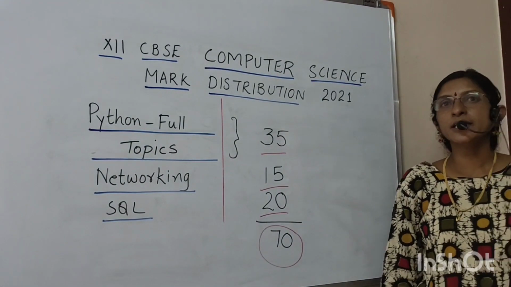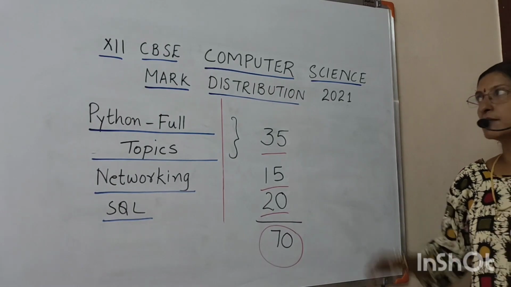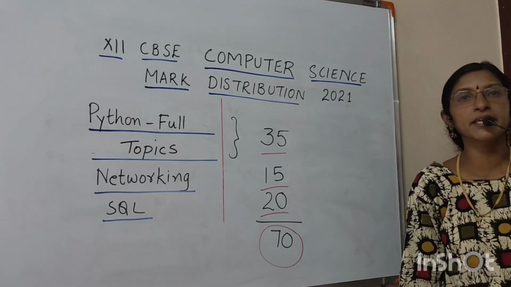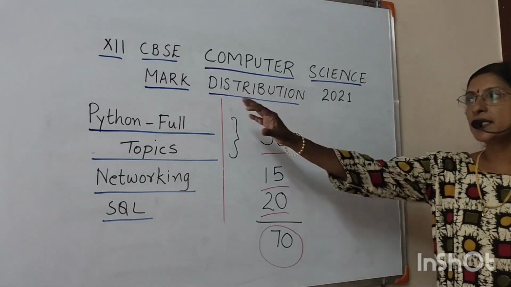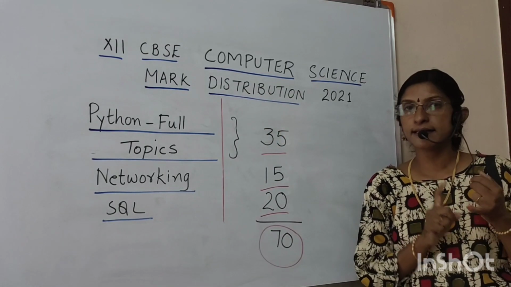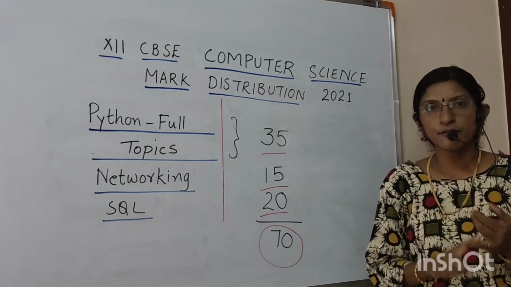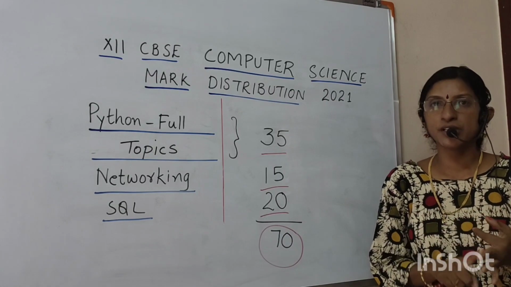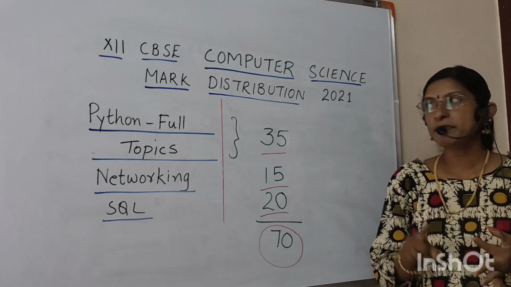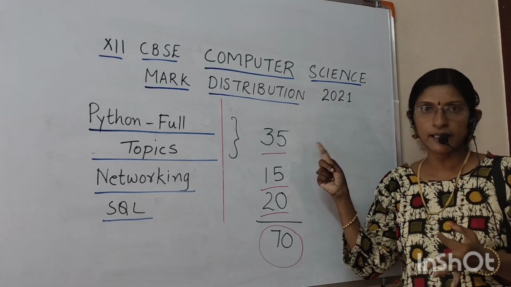Now let us have a look at the mark distribution of Computer Science 12th CBSE examination in 2021. Python full topics, that means data file handling and functions, both these topics along with the revision tour together will be there for 35 marks.